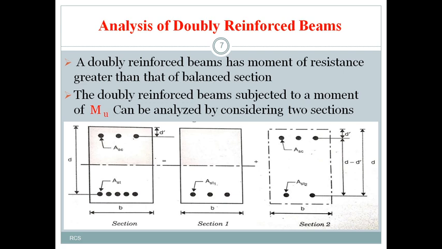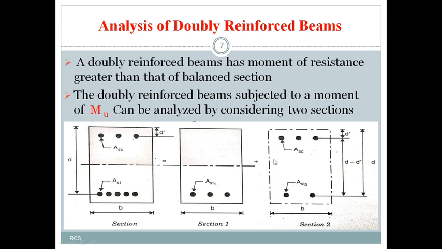That is where our applied moment is equal to the limiting moment of resistance. Another way of defining the balanced section is actual depth of neutral axis equal to the maximum depth of neutral axis, right?